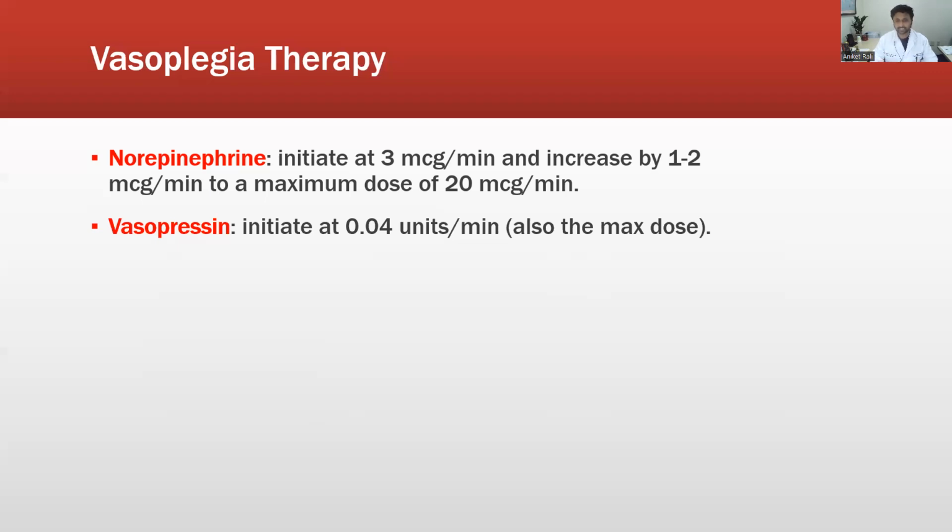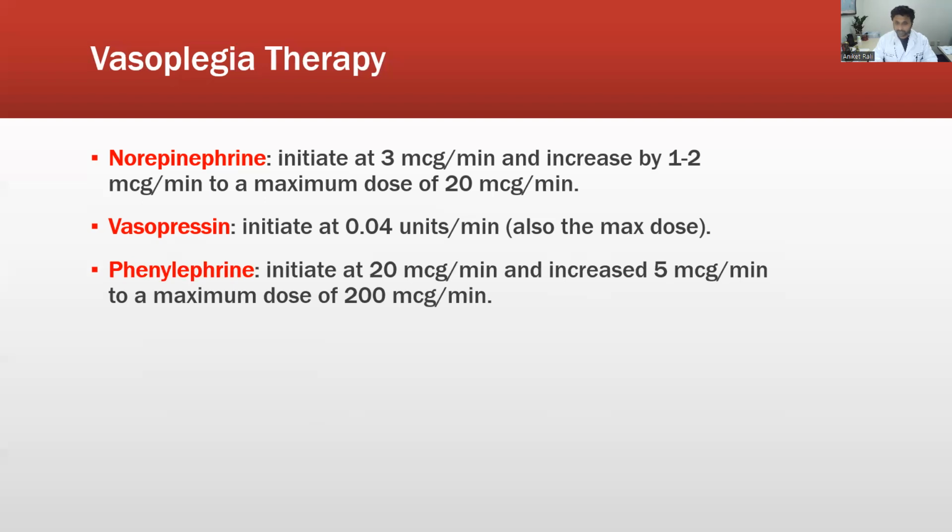I think of vasopressin as either an on or an off medication, where either you give it to augment the effect of norepinephrine, it makes norepinephrine more effective, or you just titrate it off. I generally do not titrate it. I either turn it on or turn it off. And when I do turn it on, I turn it on at the maximum dose of 0.04 units per minute.